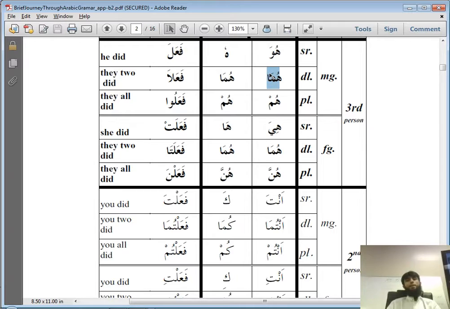This you would not see very often in Quran, but you would see in some places. For example, if Allah subhanahu wa ta'ala is talking about Adam alayhi salam and his wife, the tense being used would be dual. Okay, so this is the categorization based on singularity, plurality, gender, and their part in the conversation: third person, second person, and first person.